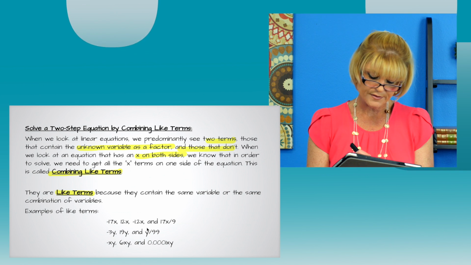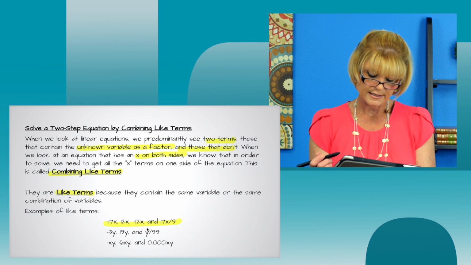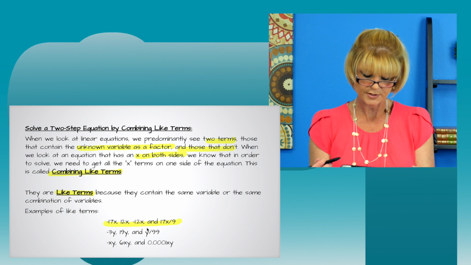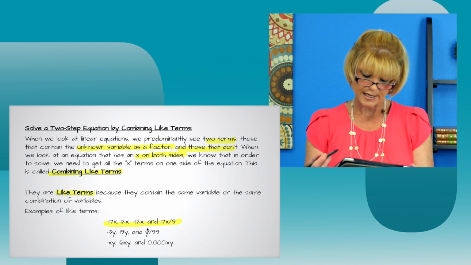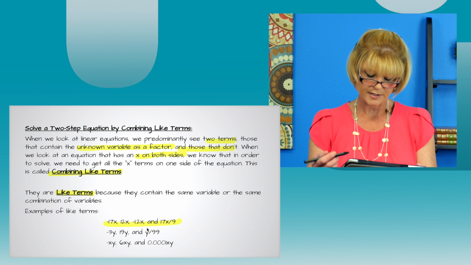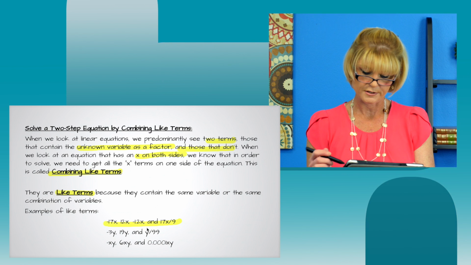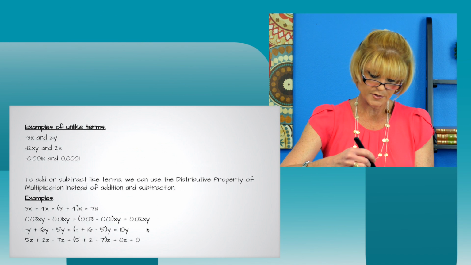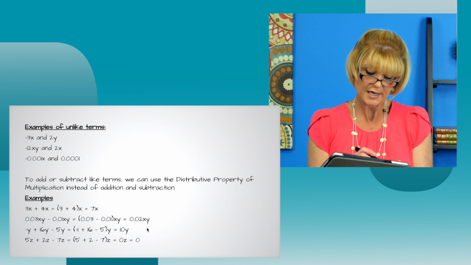But -17x, 12x, -1.2x, and 17x/9, those are all like terms. And you can see some other examples there with the variable y and xy. Here are some more examples of unlike terms.